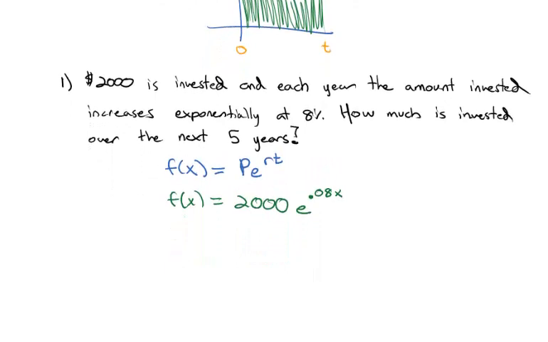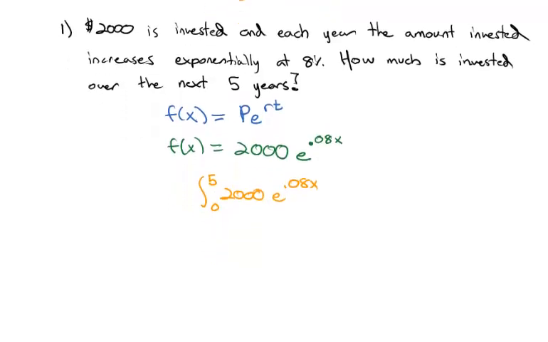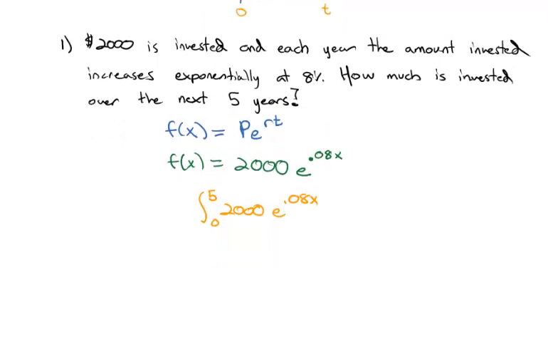To find the total invested, then, we integrate this function. We take the integral of 2,000 e to the 0.08x and integrate it over the 5 years, 0 to 5, dx.